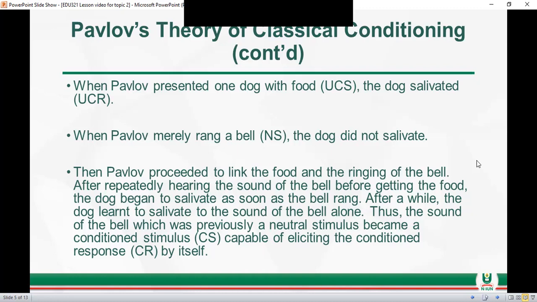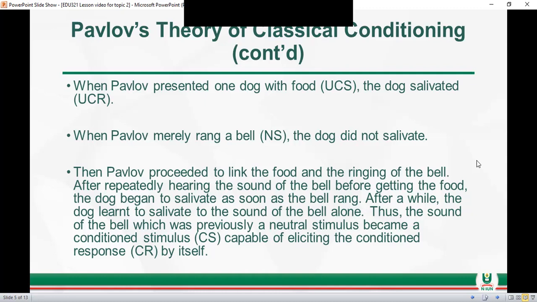After a while, the dog learned to salivate to the sound of the bell alone. Thus, the sound of the bell, which was previously a neutral stimulus, became a conditioned stimulus capable of eliciting a conditioned response by itself.